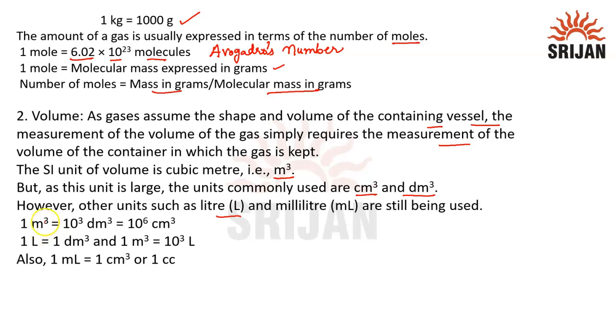Here 1 meter cube is equal to 10^3 decimeter cube, which is equal to 10^6 centimeter cube. Also 1 liter is 1 decimeter cube, 1 meter cube is 10^3 liters, and 1 ml is 1 centimeter cube.